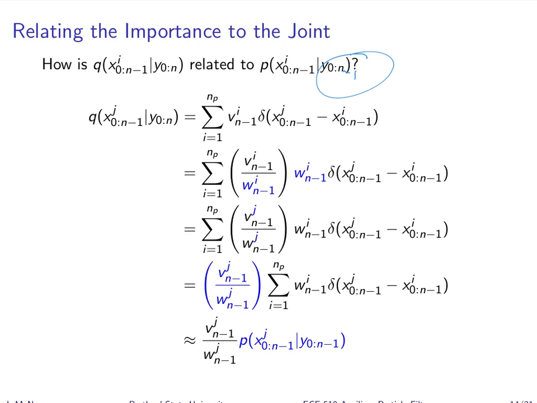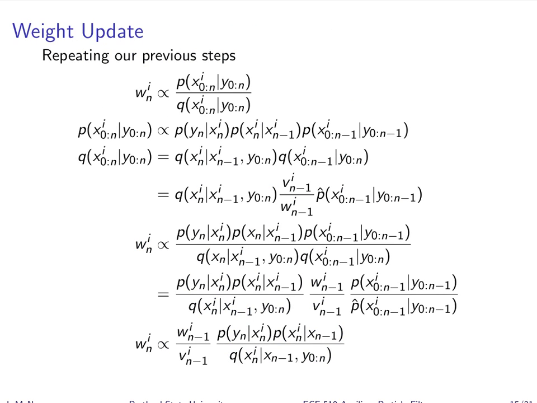But there's not really that much intuition here. But things do get a little simpler if I attempt to put it all together. We know that our weights are always proportional to the ratio of the joint posterior divided by our importance density, whatever that happens to be. We know that our joint factors as the likelihood times the prior times the previous joint, the joint at the previous time step.